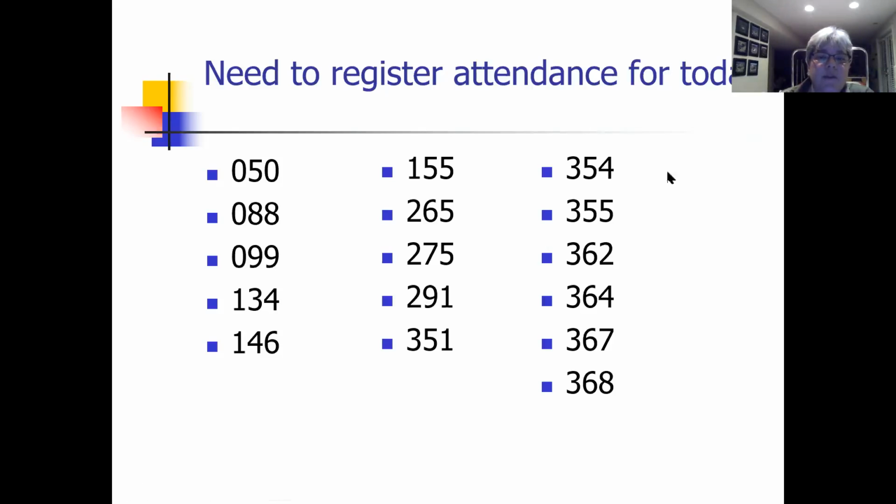If your number is on this list, you need to send me a message with your name and student number. Okay, you can't just send me a message that says I'm here. You need to send me a message with your name and student number. If you are watching this by video and your student number is on this list, you need to send me an email saying that you have watched this video.